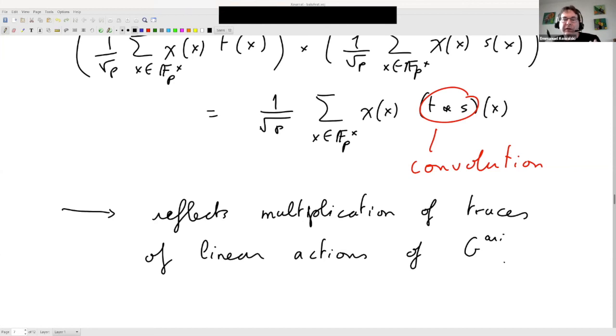So if you look at a subgroup of the multiplicative group of size a bit larger than P to the 1/2, then yes, there will be a good equidistribution theory. But if you take something, let's say of size P to the 1/4, then it should still be true, but we have no tools to study that. Okay. Thanks. Thank you very much.